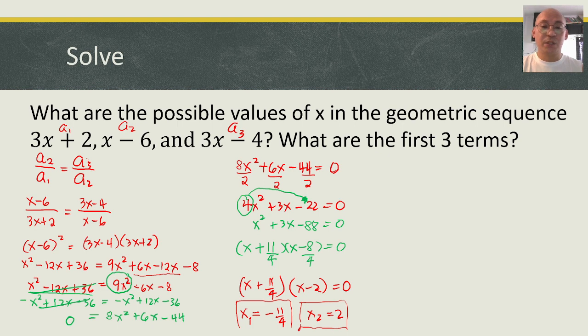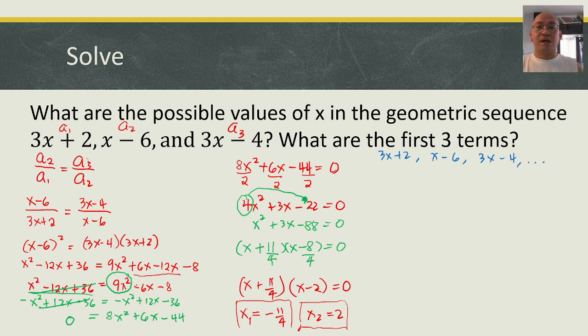Either of which values you can use. You can use negative 11 over 4, or you can use positive 2. Let us try first to use positive 2 for us to get the first three terms. So we have 3x plus 2 for the first term, x minus 6, and 3x minus 4, and so on.